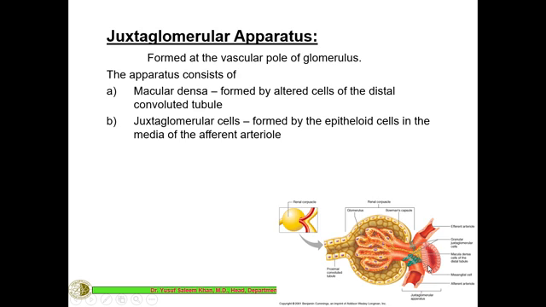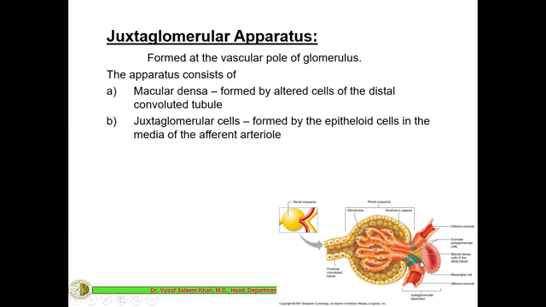So these cells of the wall of the distal convoluted tubule have altered themselves when it comes to the afferent arterioles. And then there will be a second part. One is the macula densa, which is nothing but the altered cells of the distal convoluted tubule. The second is the juxtaglomerular cells.